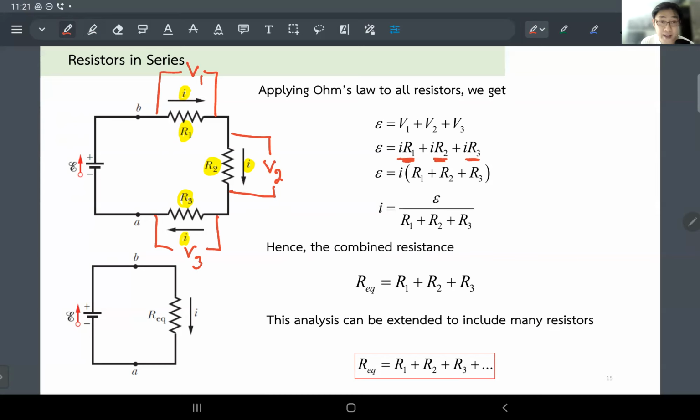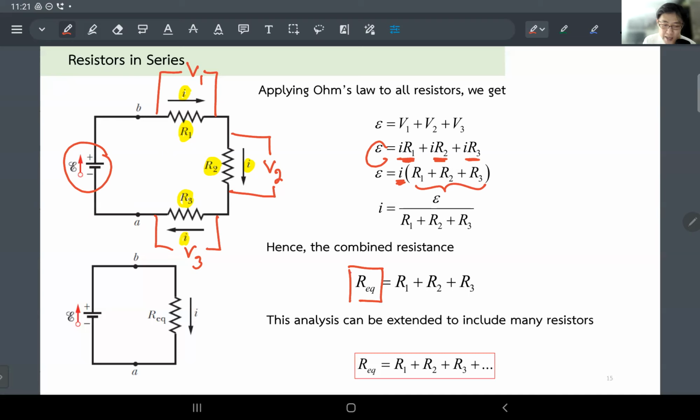How simple that is. And the sum of these three must be exactly the same as the energy that's supplied by the source. So that's why you say E is just IR1 plus IR2 plus IR3. And then you can pull the currents out, and what you have left is just the sum of the R. And you can call that summation the equivalent resistance. What does it mean?